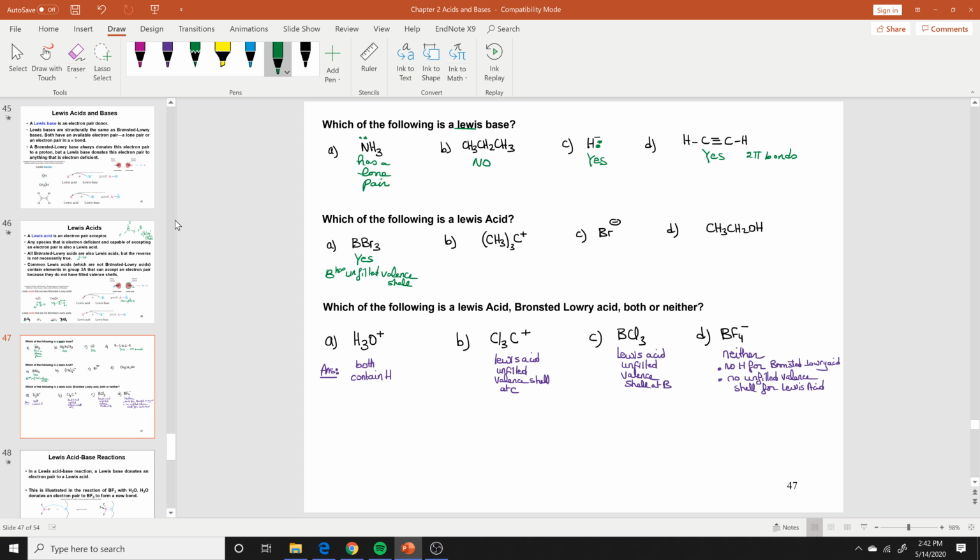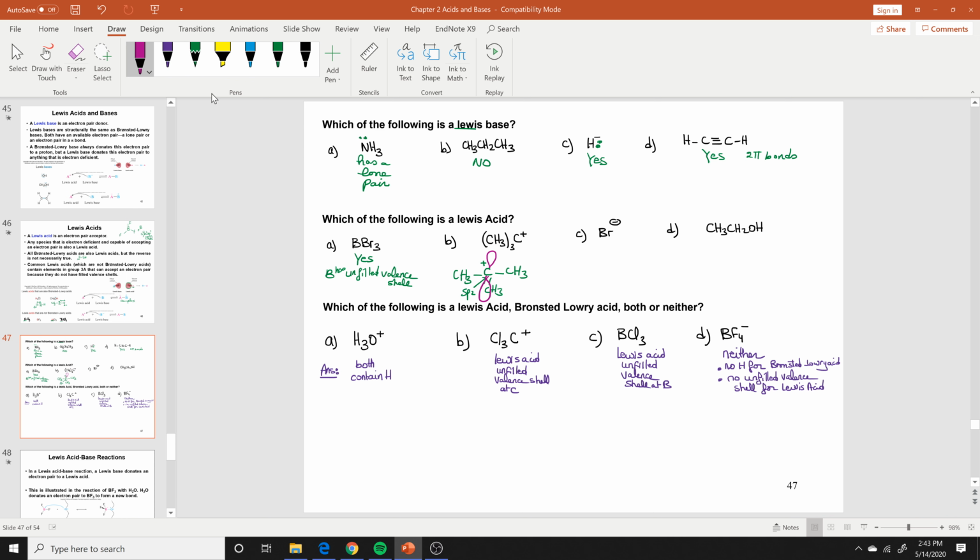With respect to the CH3 carbon positive, notice here what I have: my CH3, my CH3, my CH3. This is my positive charged carbon. What's the hybridization of this carbon? This carbon is sp2 hybridized. So this is going to leave this carbon having an empty p orbital.